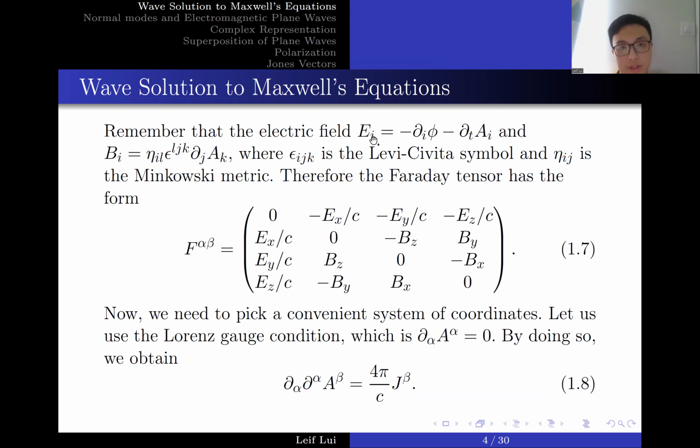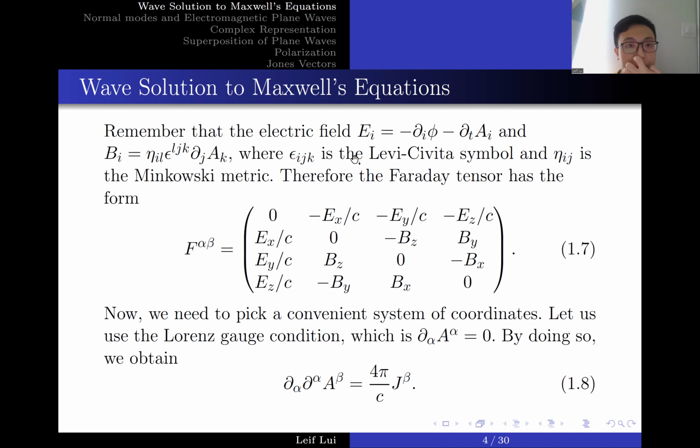But the electric field is defined in this manner, where we have the negative gradient of the scalar potential and the negative time derivative of the vector potential. And here, the magnetic field can be represented as follows. And what does this Levi-Civita symbol mean?